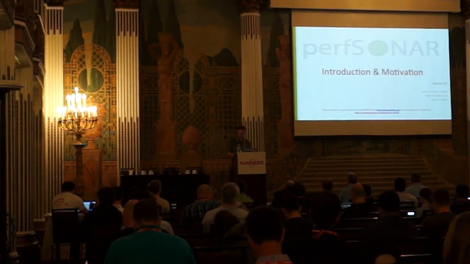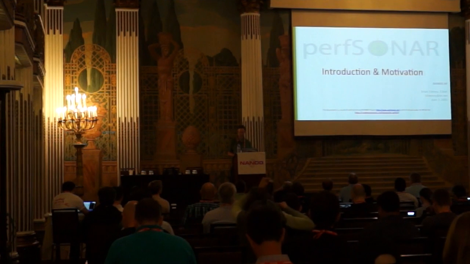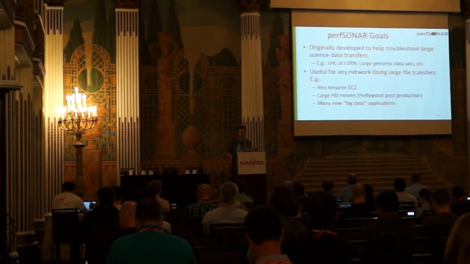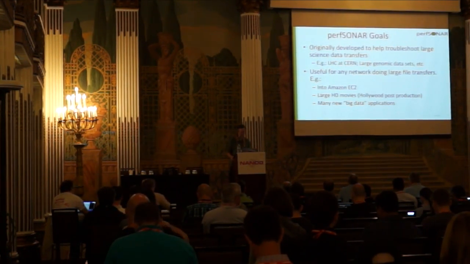So I'm going to give a brief introduction to the perfSONAR Toolkit next. perfSONAR was originally developed to help troubleshoot large science data transfers, because that's where we're coming from. For example, the LHC data at CERN, large genomic data sets, which are actually quite huge, et cetera. But we really do believe these techniques are useful for any network, any environment doing large data transfers.